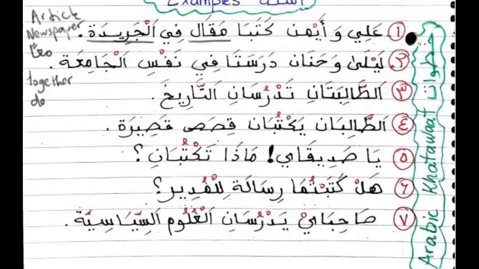And you will also see it when I record the following video about the plural conjugation. But you would use it for dual and for plural. ذهبنا معا, together. Together is معا.